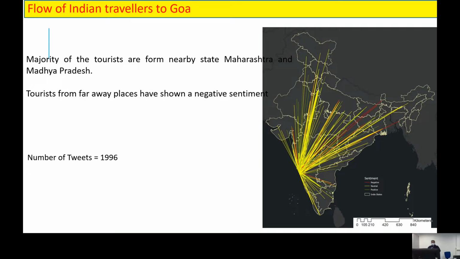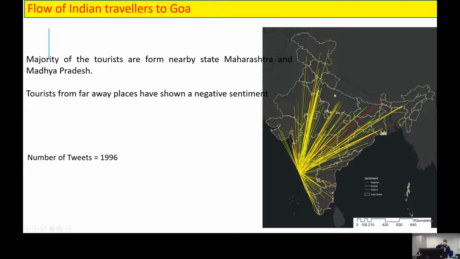In the same way, earlier I was comparing the data with the entire world. Now I am comparing this data within India: how many people are coming to Goa to visit, and we identify this from different states.